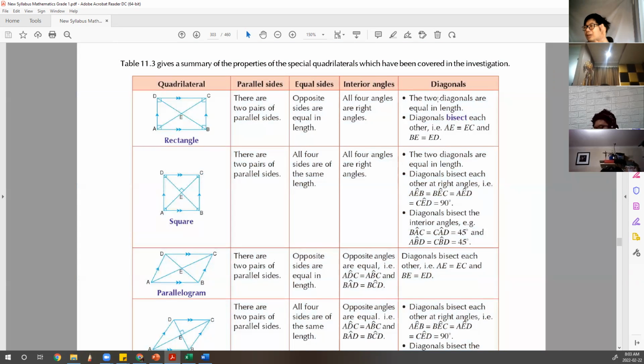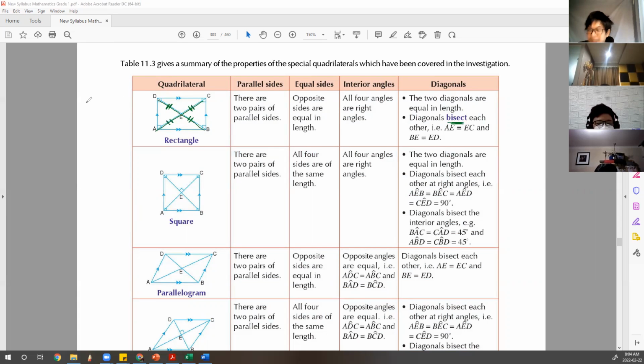Rectangle now, diagonals: two equal in length. See the keywords, two diagonals. BD, that's a diagonal. BD and CA are equal, and they are bisecting. Bisecting means what? Bi is two, sect is section, bisector, two equal parts.